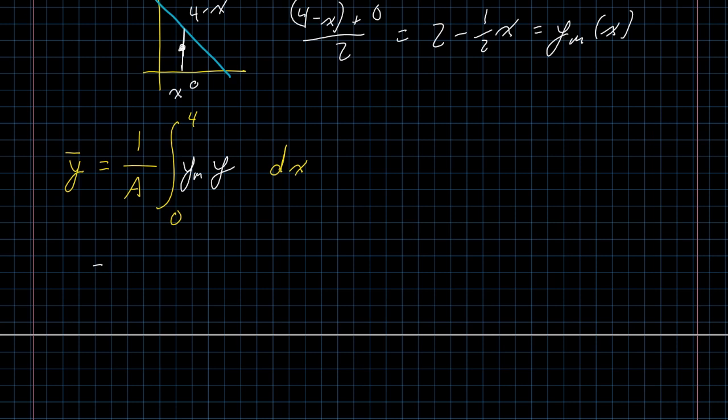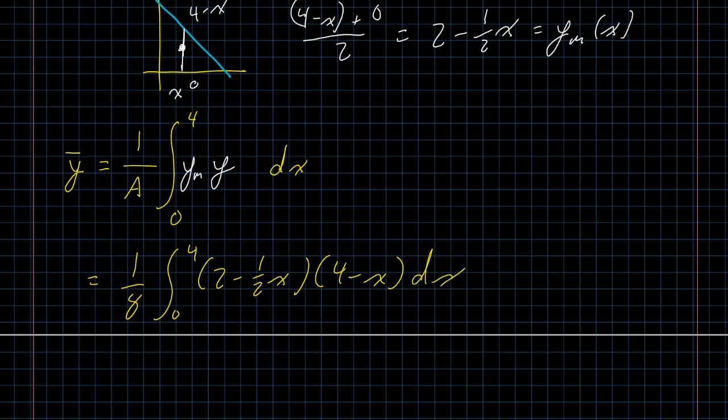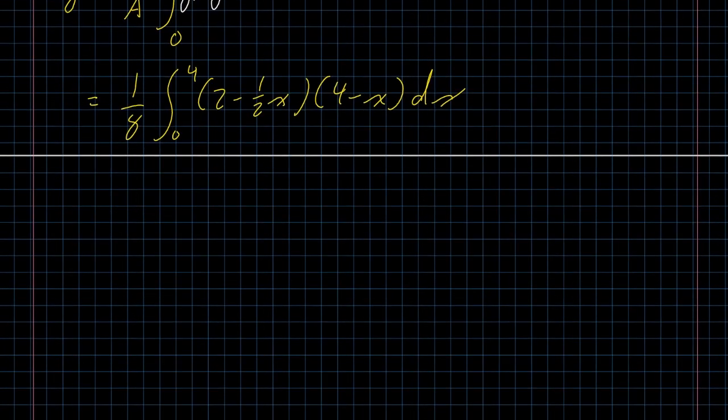It's going to in all be 1/8, the integral from 0 to 4, of (2 minus 1/2 x) times (4 minus x) dx. And yes, that's an ugly integral, but we can handle it.